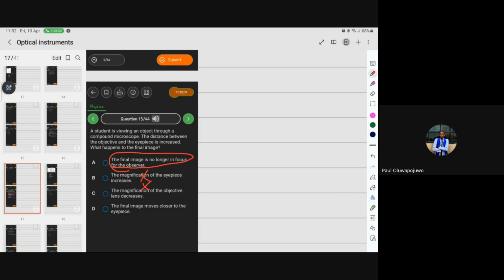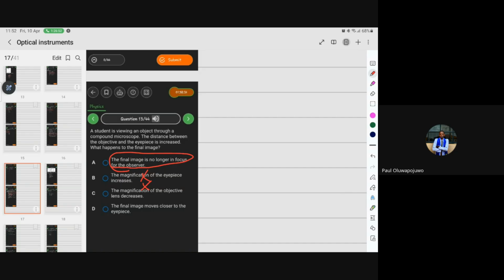Sir, this book I have here says their focal lengths are different for a compound microscope. Where? In your notes? No, there's a book I have here. Mine says that for the compound microscope, the objective lens and eyepiece have short focal lengths.